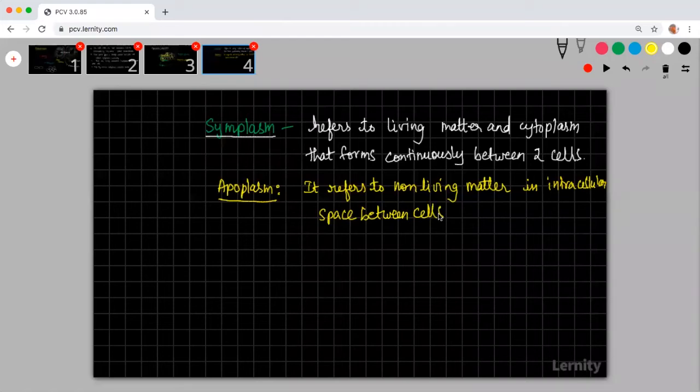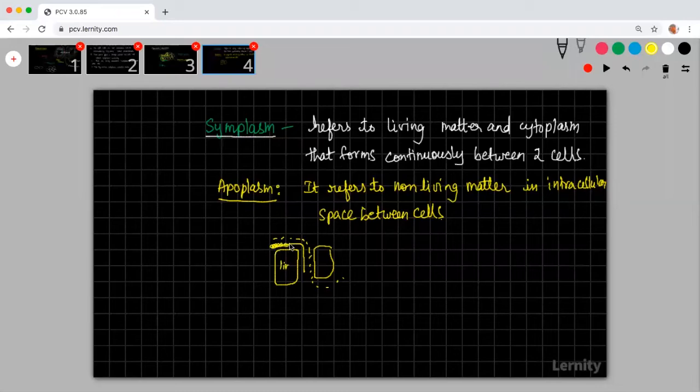Yes, only the cell wall is non-living. What I am talking about as apoplasm is outside the cell. You have the cell wall, and even outside the cell wall, between the cells, it is filled with matter which is not living. Inside the cell, it is living.